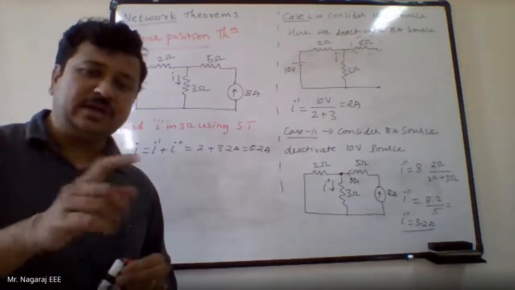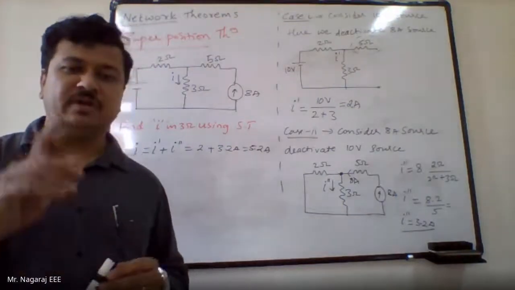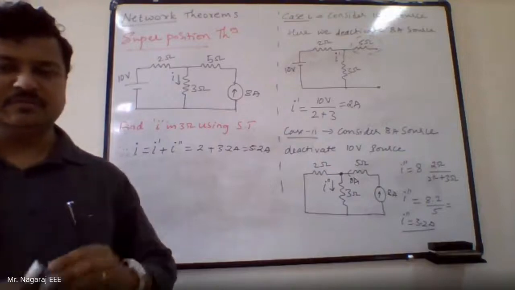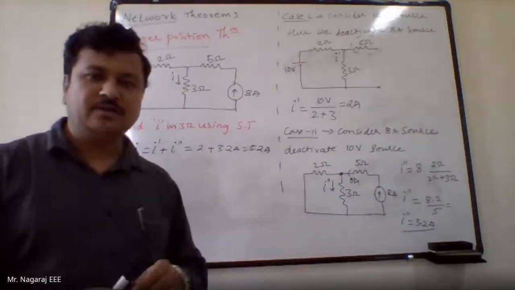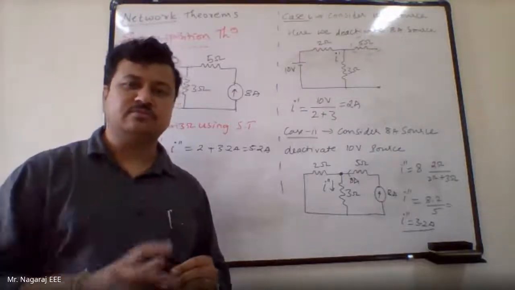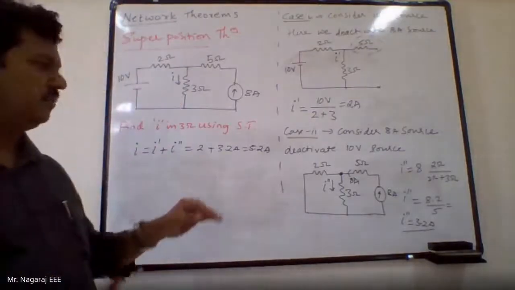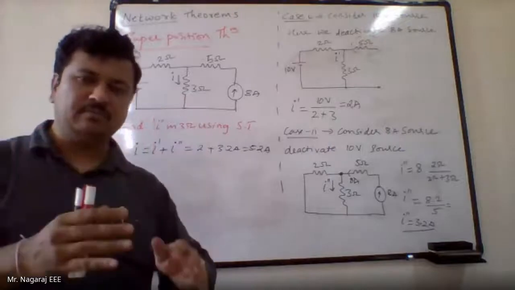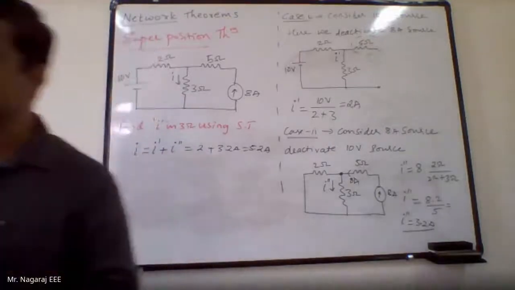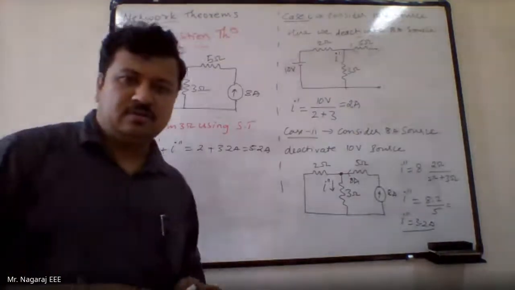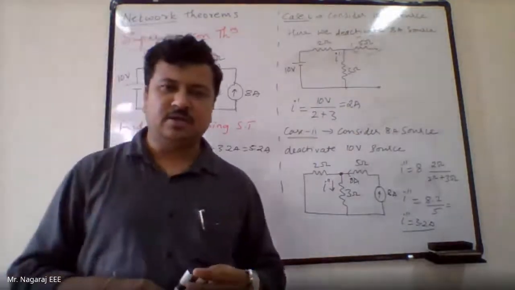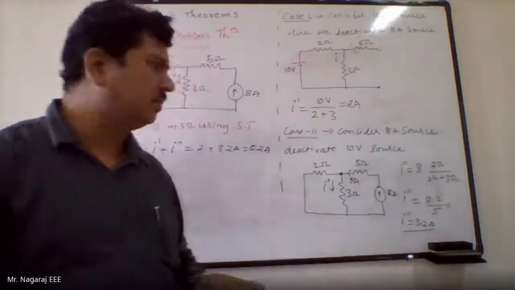So whether what we did is right or wrong should be verified, though we should not do that for every example. I just want to verify to show you that the superposition theorem is true. By default, when it is put into the curriculum, it is true, and only then is it put. Yes, that is one case. But we should not believe anything blindly, okay? Because we are all technocrats.